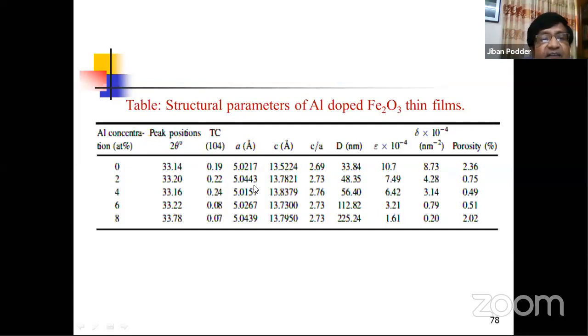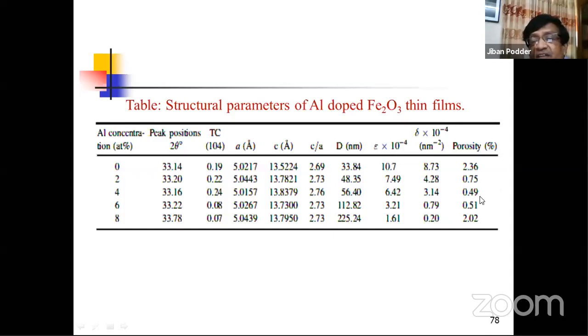Here you see that a low aluminum concentration is always suitable. There is a 56 nanometer size, and the 2% is 48, and then the diameter increases again. We also calculated the dislocation, strain and porosity.